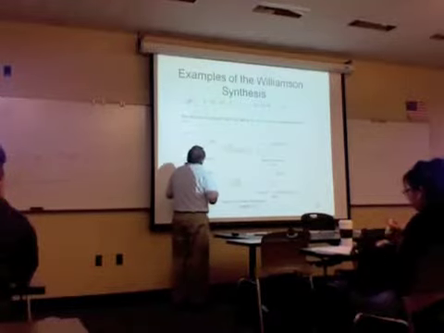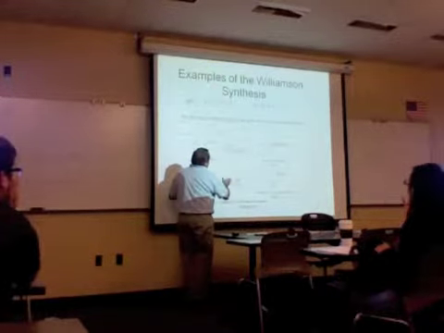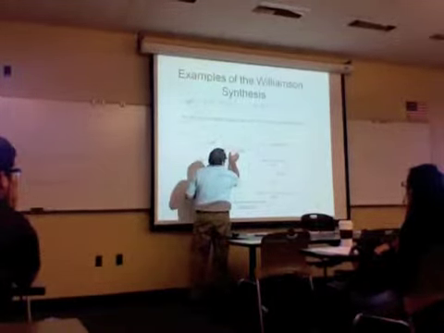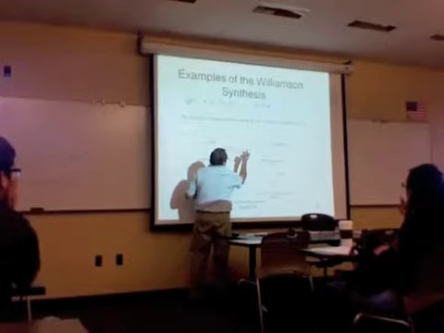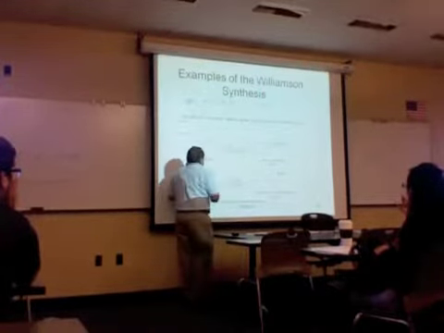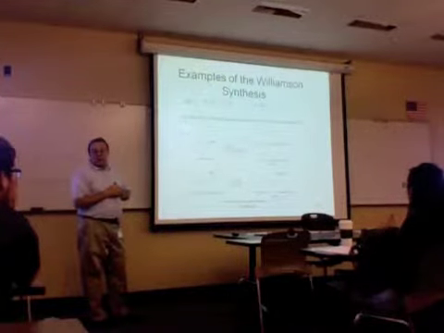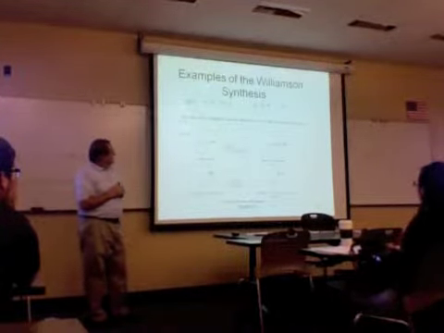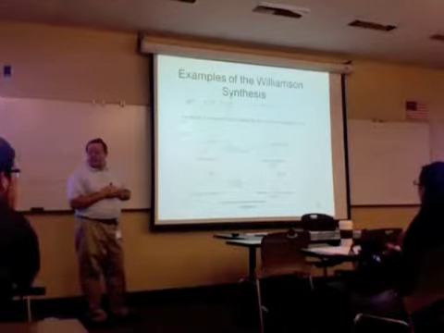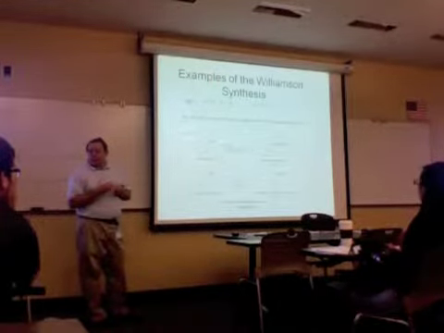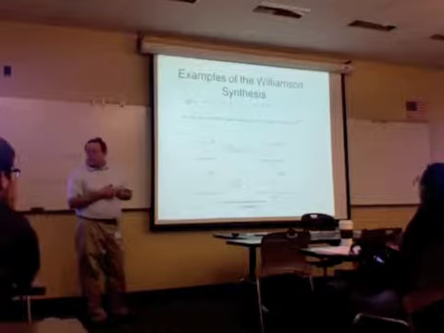What would happen if I started out the other way? I started out with my alcohol on the ethyl group, turned it into an alkoxide, and tried to attack a tosyl cyclohexane. We would start getting away from an SN2 reaction.